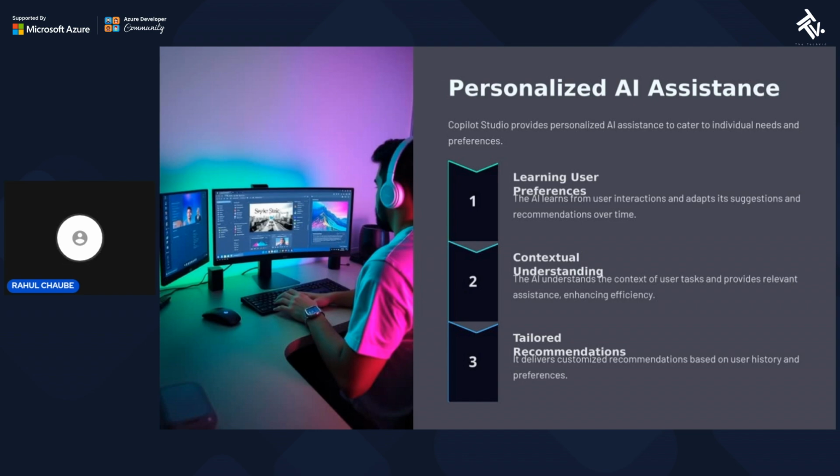For example, if you frequently create content for marketing, Copilot will start making suggestions around the marketing tools and techniques you have used before. It's like having a personal AI coach that understands your workflow and helps you to improve.